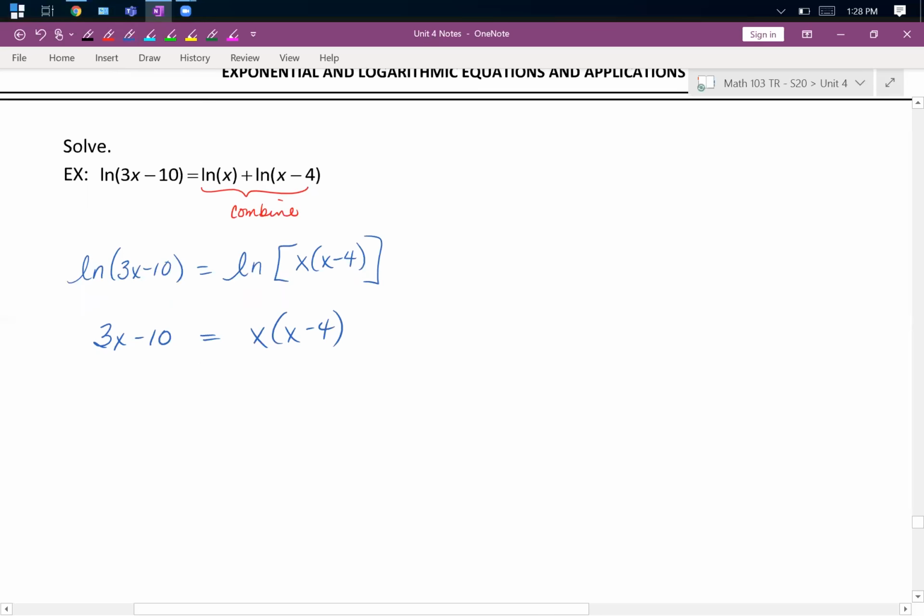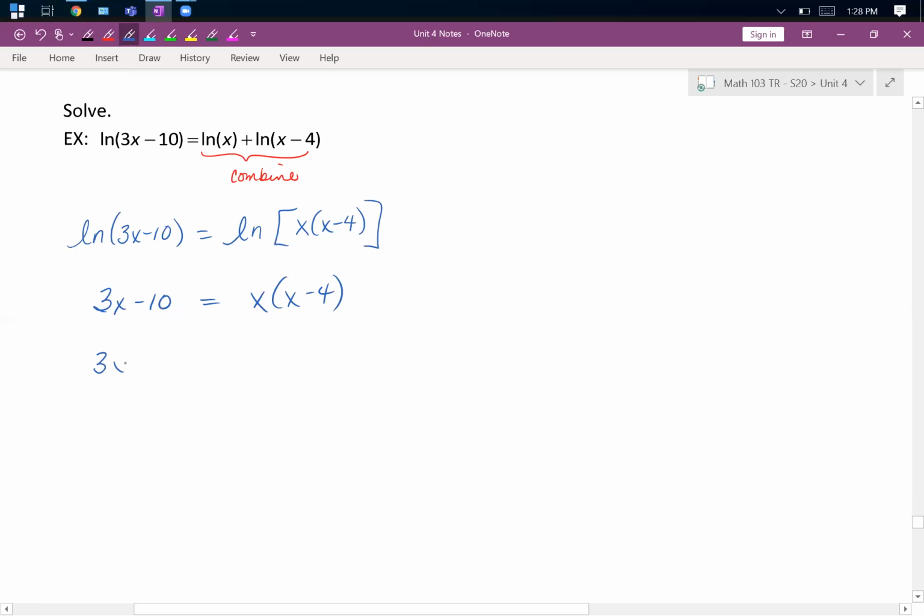And we solve. We'll start by distributing. We see this equation is quadratic, so I'm going to set it equal to 0 and factor it or use quadratic formula. I'm moving everything to the right to keep my leading coefficient positive.